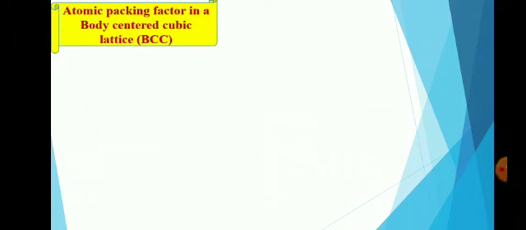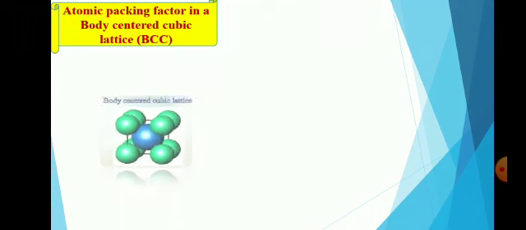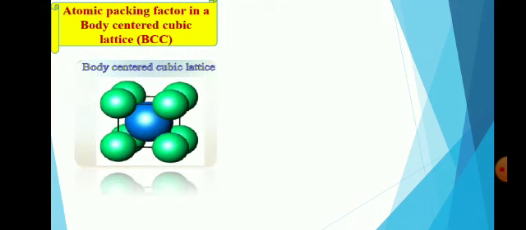Now see the next crystal lattice, that is to find the atomic packing factor in a body centered cubic lattice, simply called the BCC lattice. What is this picture? It is again a simple cube or unit cell, but with a difference from the simple cubic cell.